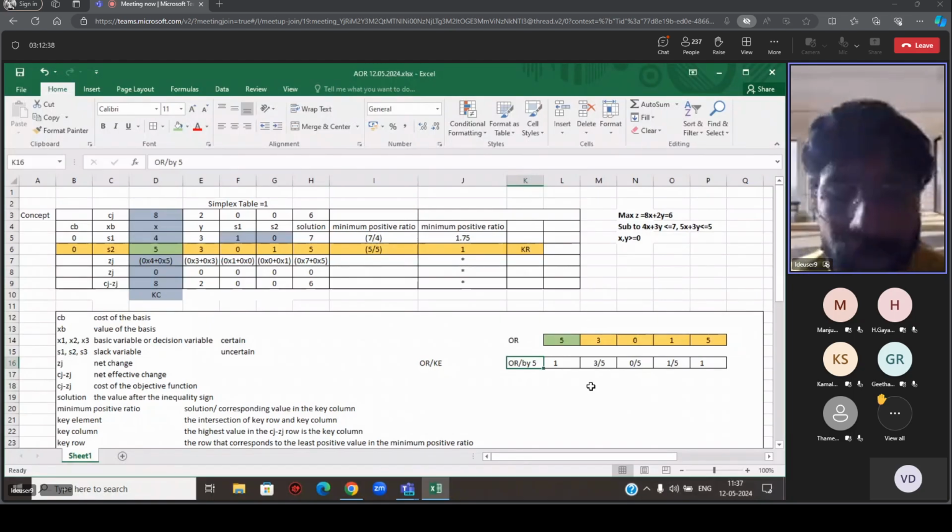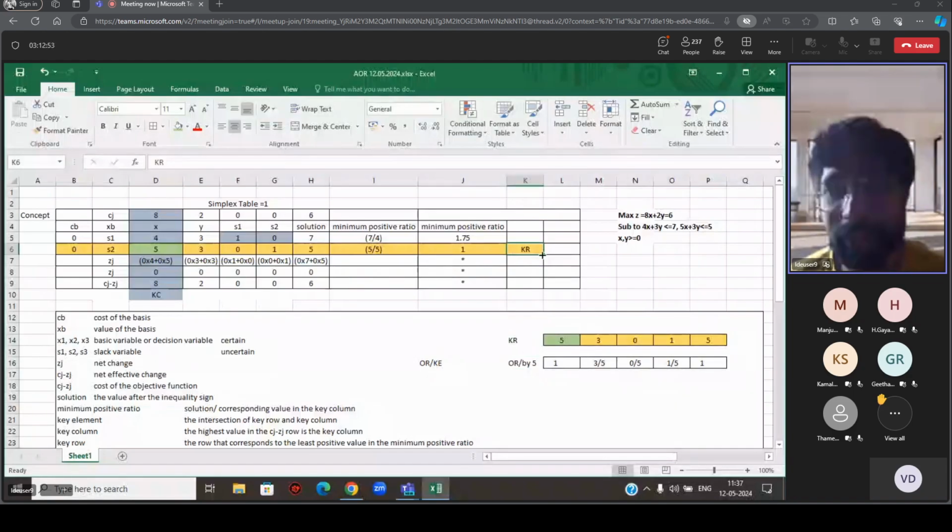Then after that, what you need to do. Okay. In some books, I will give you the alternative also. In some books, what they do is they will write this as the key row because it's already been written here. This is your key row. So what is the key row? 53015. I am going to put it as key row.